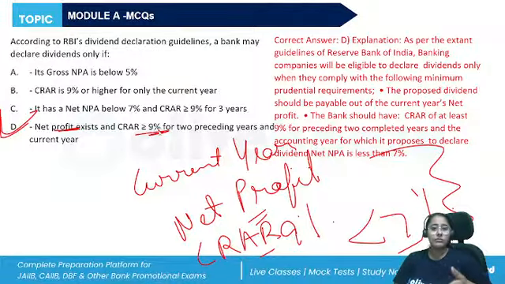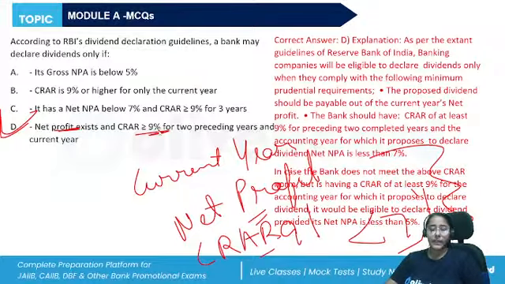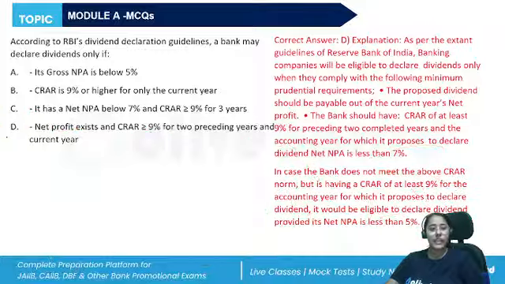Then also they will be allowed to declare dividends. All right. So if the preceding 2 years the CRAR is not met, current year it is there, and the net NPA is less than 5%, then also they will be allowed. So the correct answer becomes D. Both the situations I have included here.